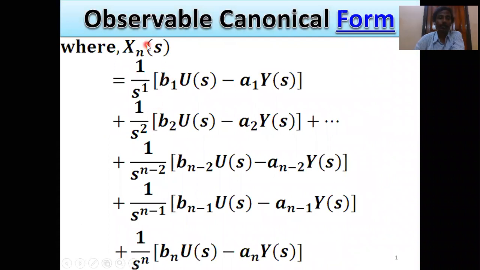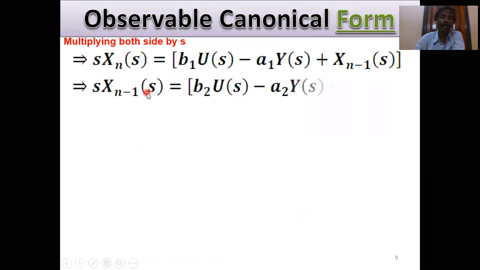This is the process actually. Xn(s) equals 1 by s to the power 1. So the first value is this, then 1 by s into this, with 1 by s common the first time, the second time also 1 by s common, the third time 1 by s common, and so on up to 1 by s to the power n minus 1 common. So the last term is 1 by s into bn U(s) minus an Y(s).